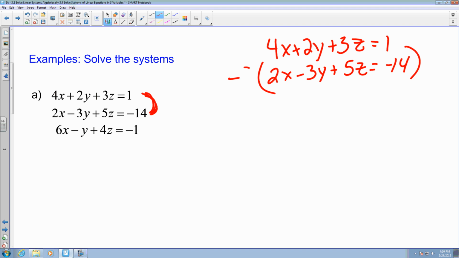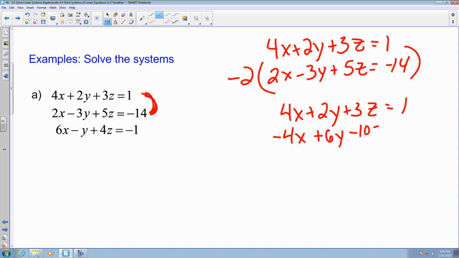So I'm going to eliminate x by multiplying the bottom equation by negative 2. The top equation is 4x plus 2y plus 3z equals 1, and by multiplying everything on the bottom by negative 2, I get negative 4x plus 6y minus 10z equals a positive 28.